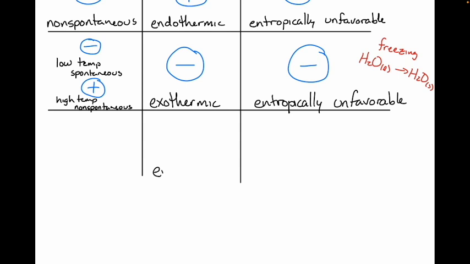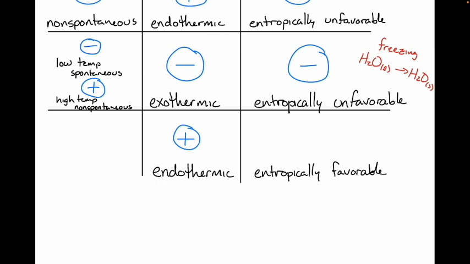So then the last one here would be if we have an endothermic process. So it's got a positive delta H value, but it is entropically favorable. So that entropy contribution is positive.